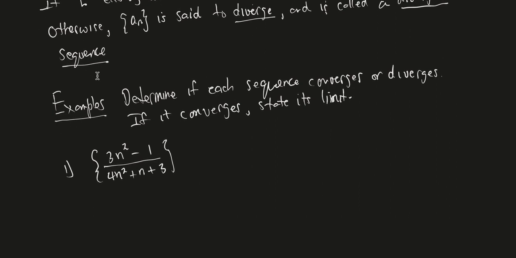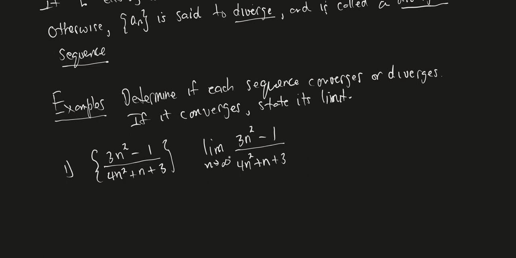So determining the limit of a sequence, immediately we go to this type of question, right? And with all of the techniques that we have from Calc 1, we have a lot of techniques at our disposal. I'll just go through a few examples that will highlight each of them, right?